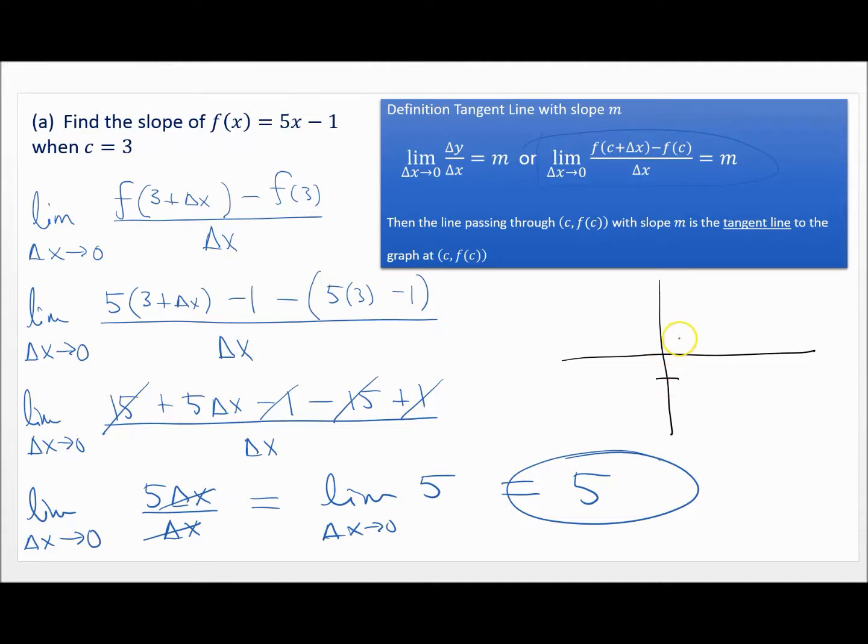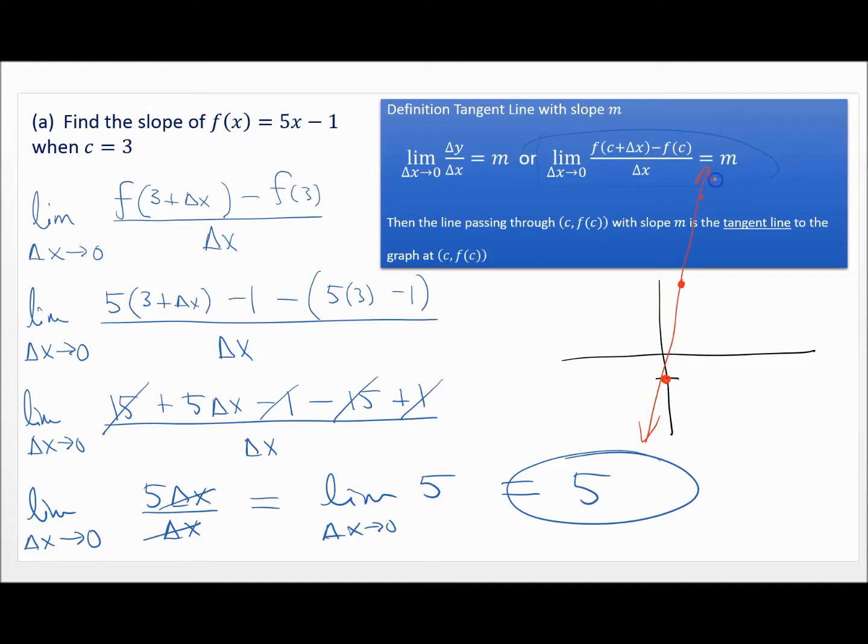So I probably didn't scale this right, but I rise. So here's my y-intercept. I rise 5. 1, 2, 3, 4, 5. Just imagine, and I run 1. Okay, so that's the next point. Again, I would rise 5. 1, 2, 3, 4, 5. Run 1. This is my line.